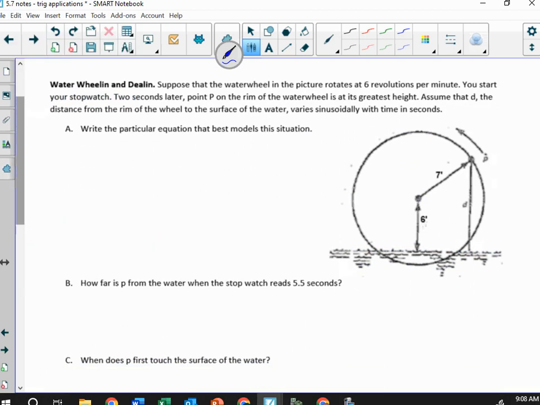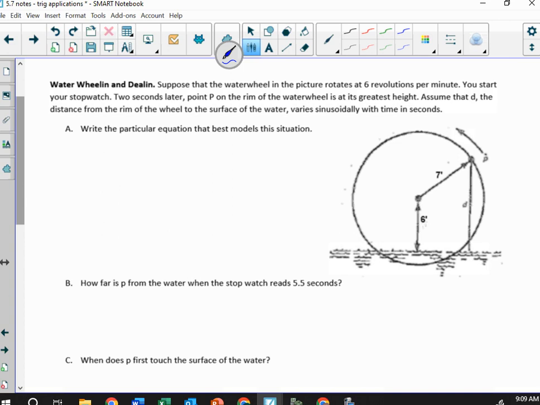All right, water wheeling and dealing. Just like we did for the Ferris wheel and wrote the equation at the beginning, I want you guys to try to do that for this water wheel. It tells us it rotates 6 revolutions per minute. It takes 2 seconds for this point P to get to the maximum height.